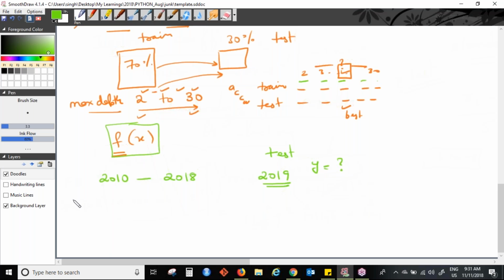So what you will do is take 2010 till 2016 as your training, and you will create a test data of your own. So you will create a mock test of your own. So 2017 and 2018 will be your mock test data, which I'm calling test again.